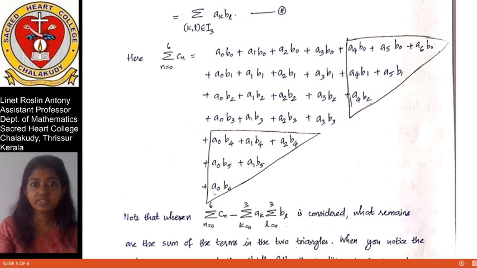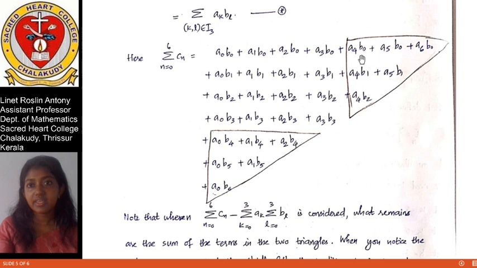And also check out the indices. One among the indices will be strictly greater than 3. Look, here B has an index 4, here B has an index 5, here B has an index 6. One among A_K and B_L has the index strictly greater than 3.